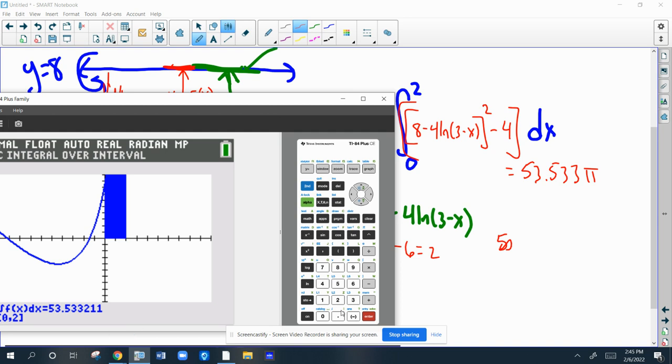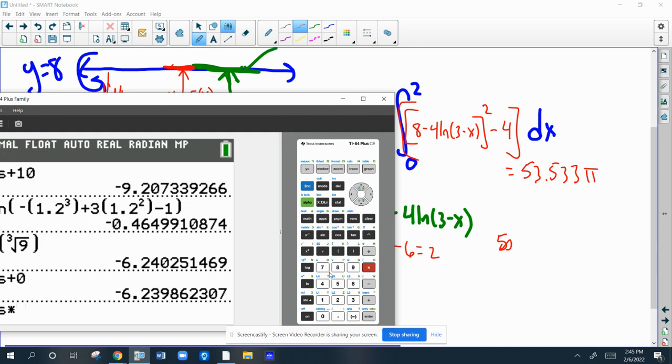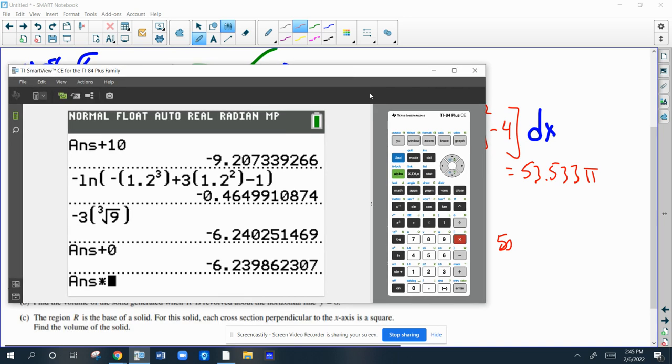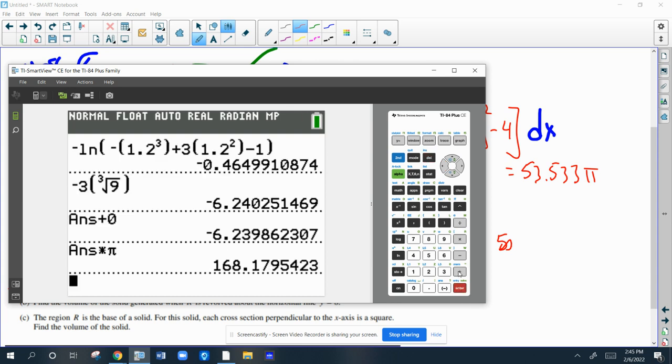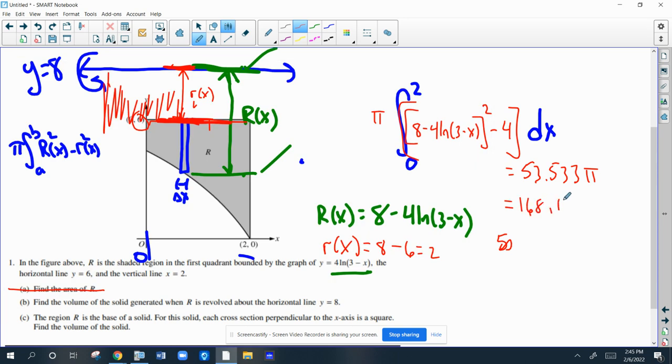So you can just throw the pi in, or you can just multiply your answer out here times pi. It doesn't matter. I would just leave it as I already put it, and you can see I definitely should have left it as I already put it because I'm having a real hard time here. Or 168.179. Or 180, you can see if you round it up.